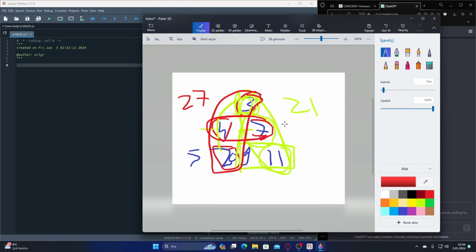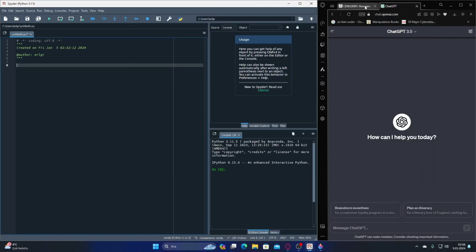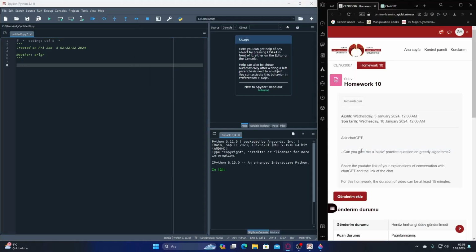But the greedy choice property and optimal substructure are the two key ingredients. If you can demonstrate the problem has these properties, then you are well on the way to developing a greedy algorithm for it. Let's take the first question from ChatGPT.